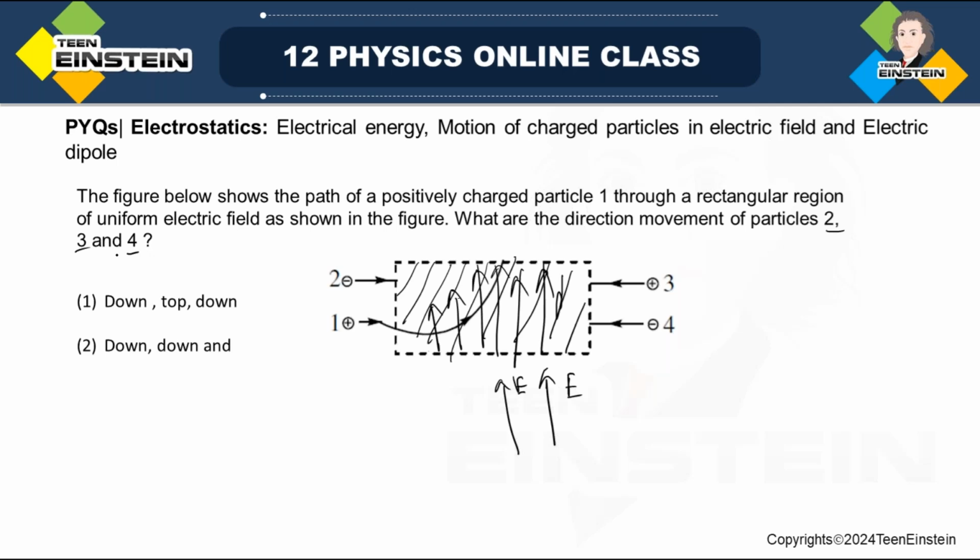Here, this one is a negative charge and the electric field is along that direction, so it will move down like this. So charge 2 will be moving down. What about 3? 3 has got positive charge, so it will move up like this itself.